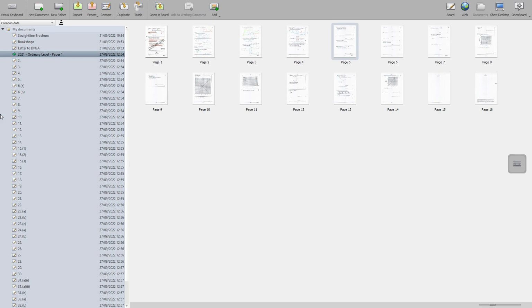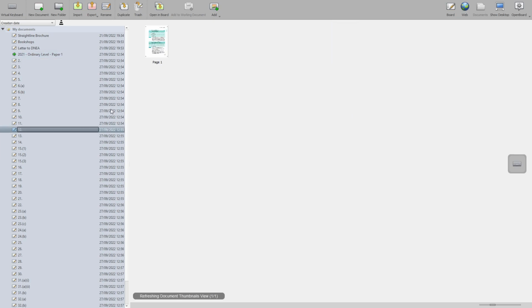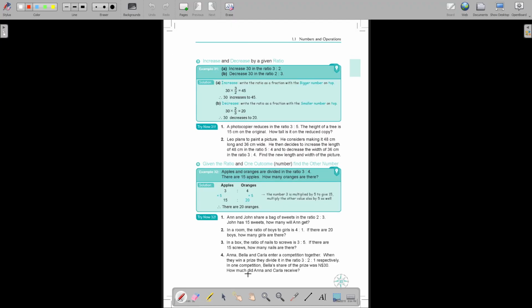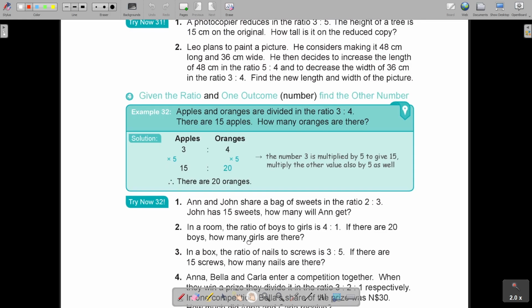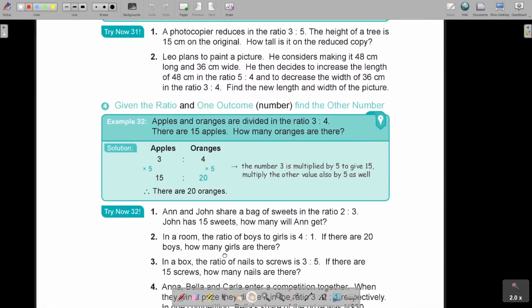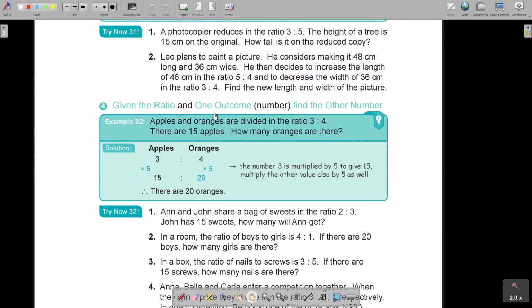And I'm just going to go there to question 12. I want to show you. It's this one. And it's on page 35. It's where they give the ratio and 1 outcome. So they give you the boys and they ask you and find the girls. So it's apples and oranges are divided 3:4. There are 15 apples.